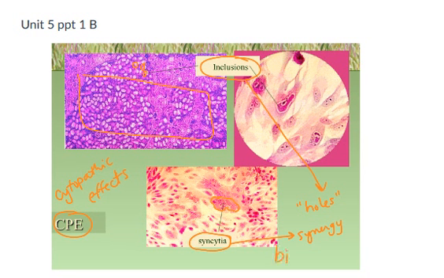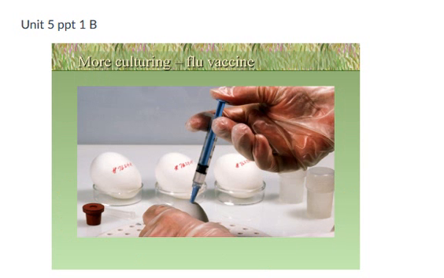This is almost a simple way to explain it as a viral version of a biofilm. There is an illness known as RSV, which is respiratory syncytial virus. Respiratory implies that it's a respiratory illness. It is viral in nature, and what happens is in the lung tissue, these syncytia form that causes these large plaques of viruses, and again, that is the second cytopathic effect that viruses can cause.